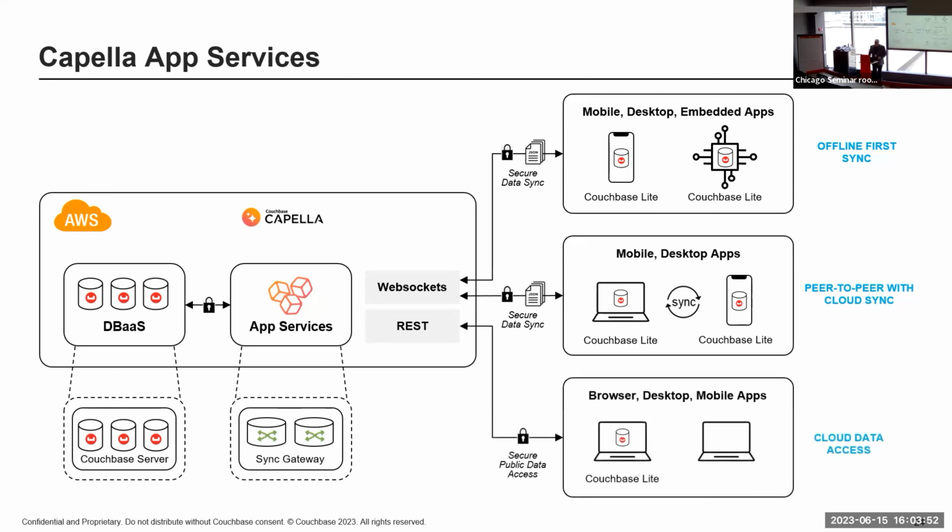And then finally, app services also supports mobile and web apps with secure access to Capella via REST. So in this topology, clients can either embed Couchbase Lite if they want to, or they can just call the REST API directly from web or desktop applications. So we've tried to facilitate multiple models here. Many of our customers are employing combinations of all of these.